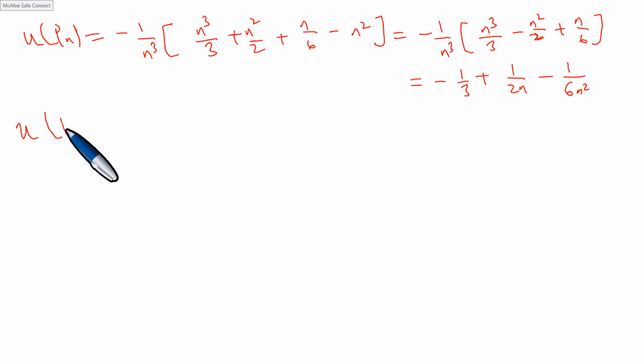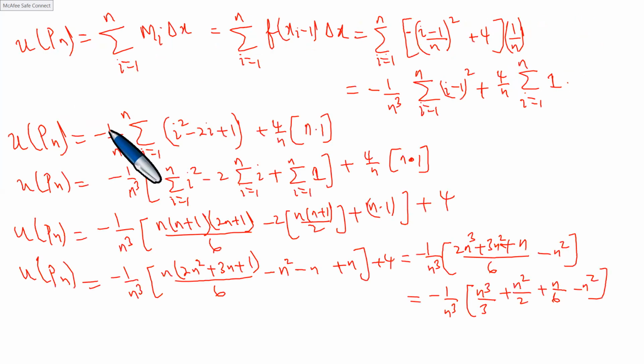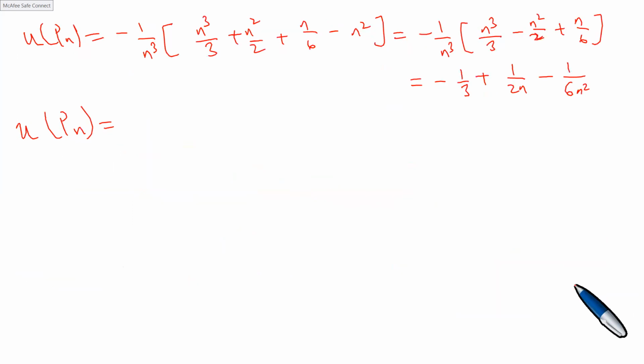Let's take a chance to compare these. Normally these must differ by a sign. So there's something off here. I missed the 4 here. There was this 4. So I must add the 4 here.